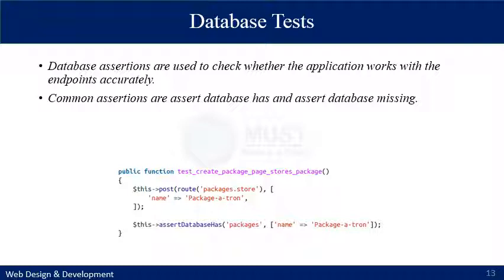Common assertions are assert database has and assert database missing. In assert database has, you specify a package's URL and the name of a package. If the database has this entry, it will pass, otherwise it will fail.